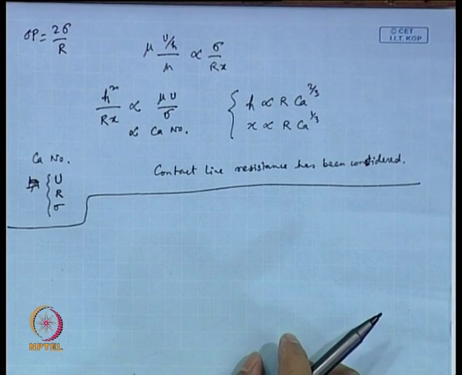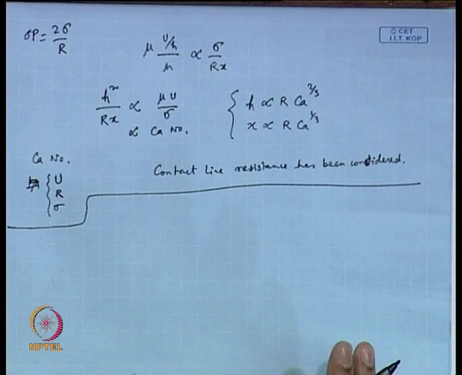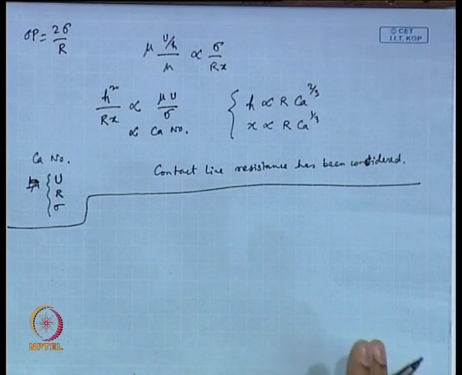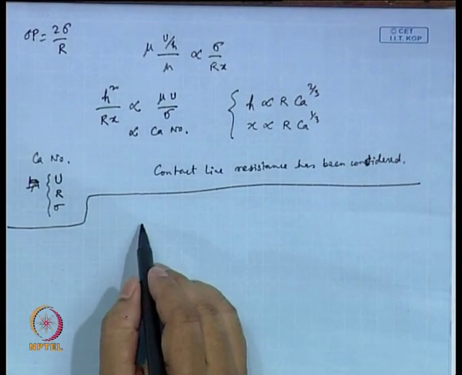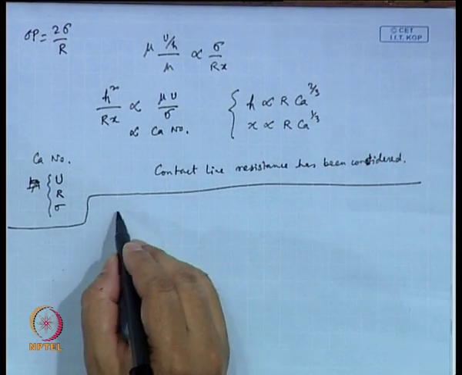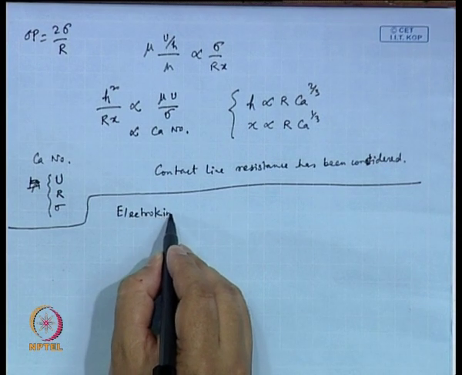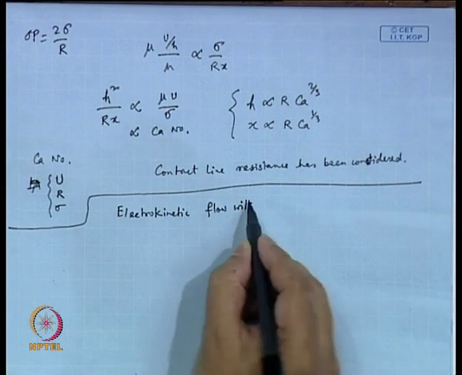If you want to induce the flow through the electrokinetic mode, that means an electro-osmotic flow of these two immiscible phases through this microchannel, then there are some points that you need to consider here. So, let us write this here. What we are going to discuss is electrokinetic flow with bubbles.